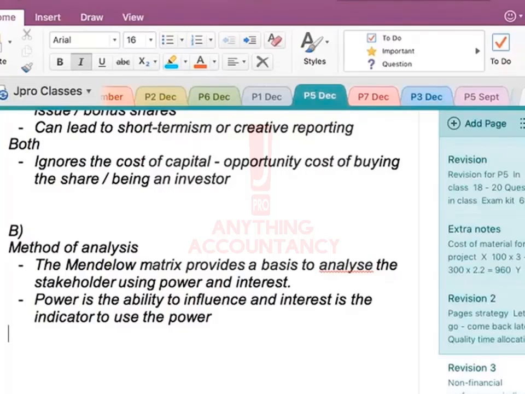So then we do BDR, the stakeholder analysis, yes or not? Correct?